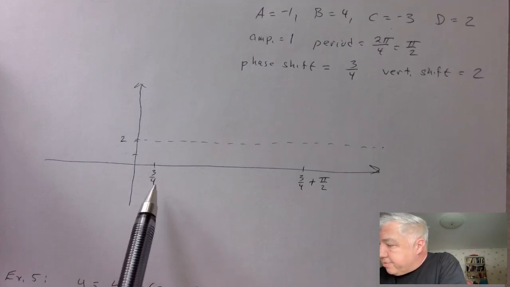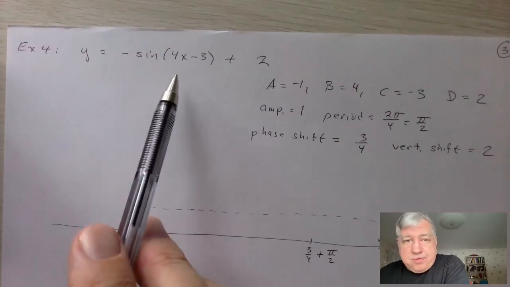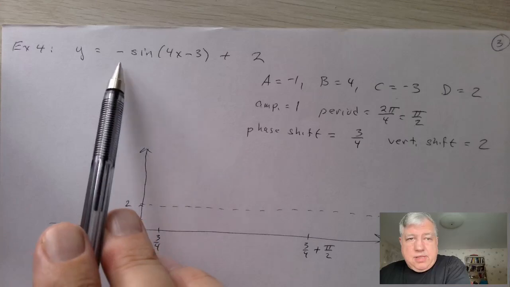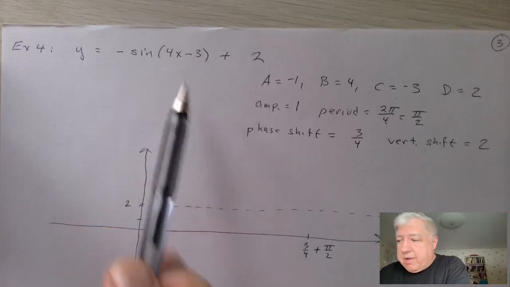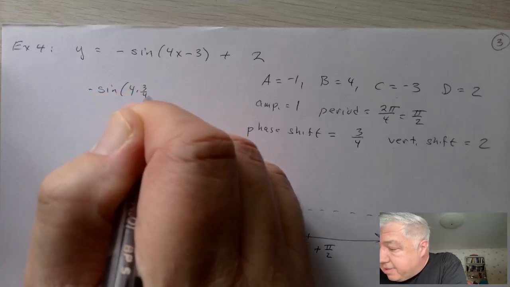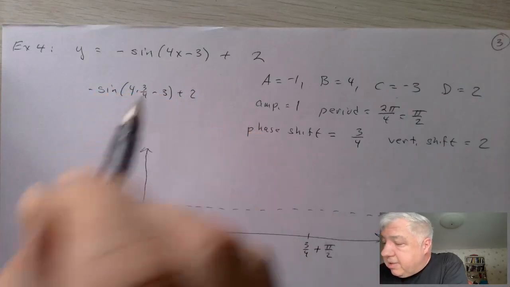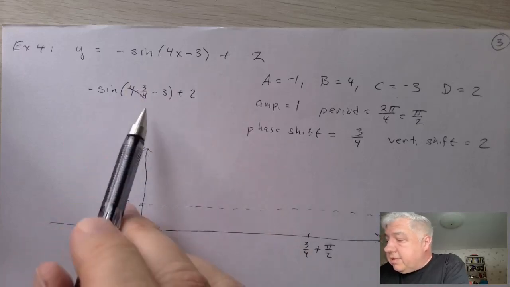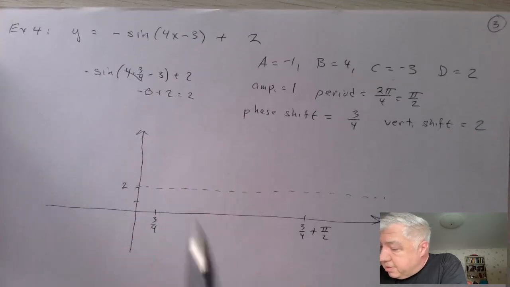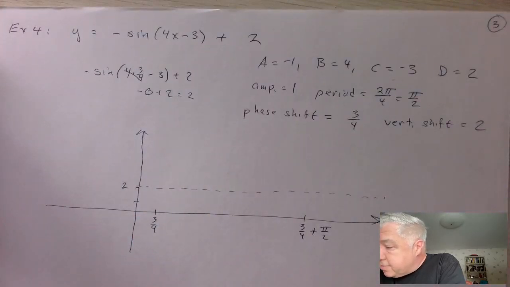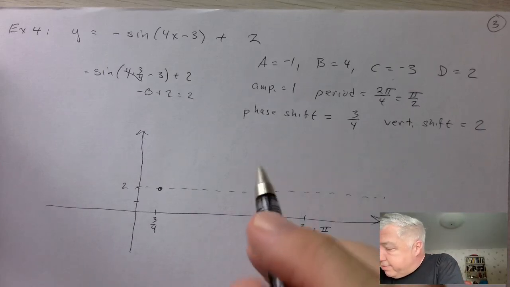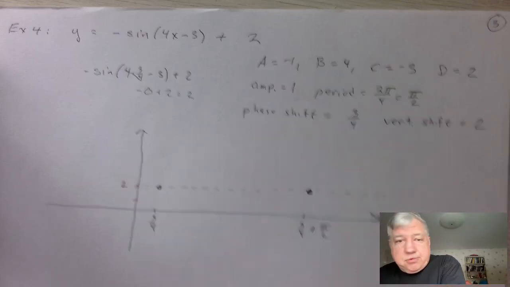At 3/4, if we plug 3/4 in here, we get the negative sine of 0, because if we check that, sine of 4 times 3/4 minus 3, plus 2, the 4's cancel. 3 minus 3 is 0, so this is just going to be minus 0 plus 2, which is 2. So we're right here at this point, and you can see that that will be this point as well.